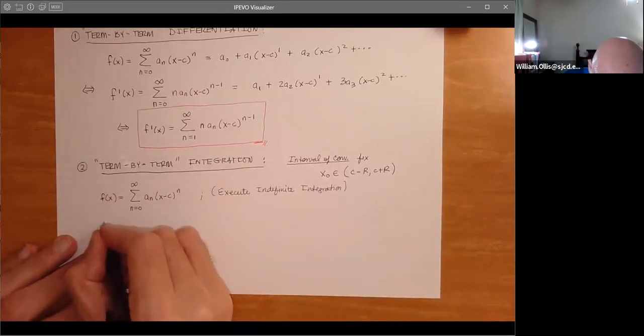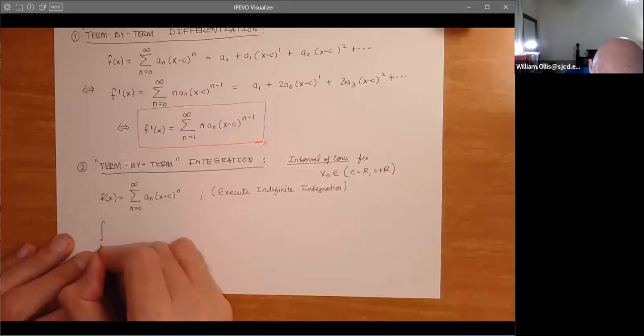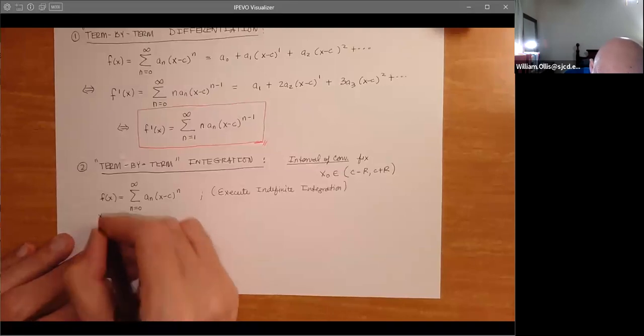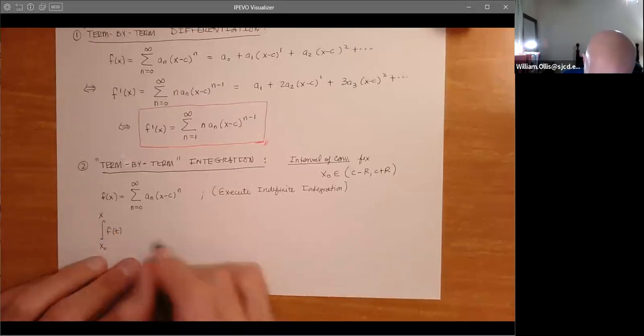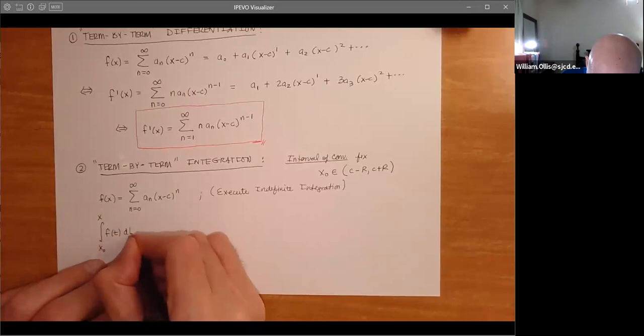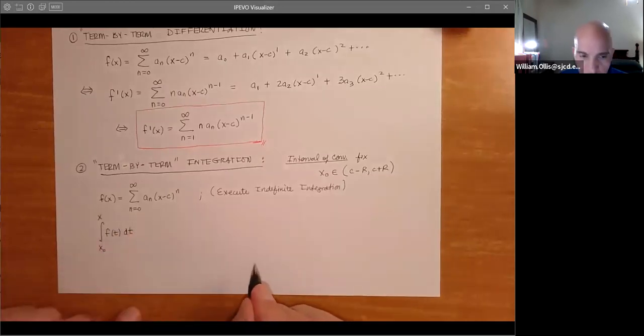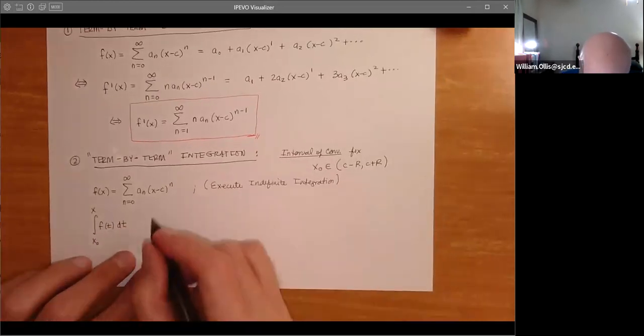So we'll say the integral from x sub 0 to x, and I'll just use a t here since I've got a bunch of x's running around. That gets too unclear if I don't change up the variable, like we're doing the fundamental theorem of calculus.